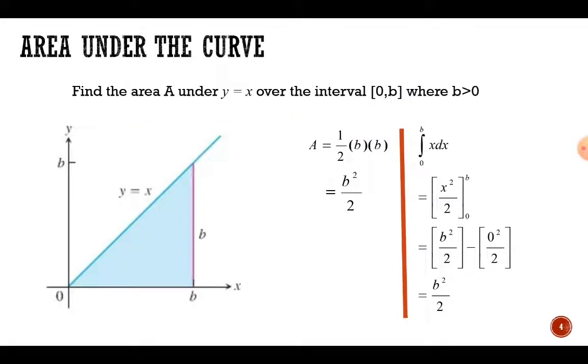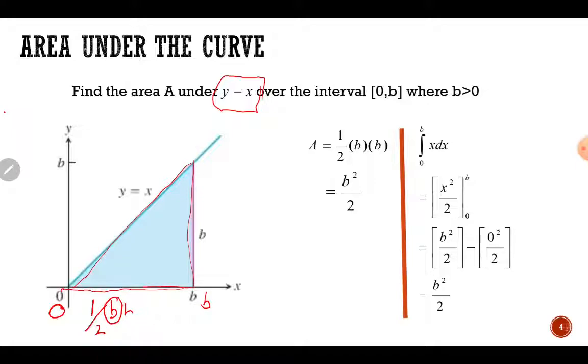Let's have a look at this example, the simplest example. We have area A under the line y equals to x, this straight line y equals to x from 0 to b. Basically kalau you tengok ni, this is actually the area of a triangle, betul? So area of a triangle is 1/2 b times h.